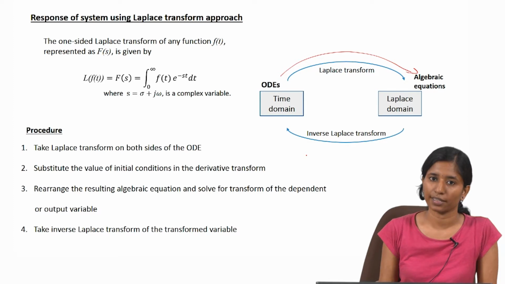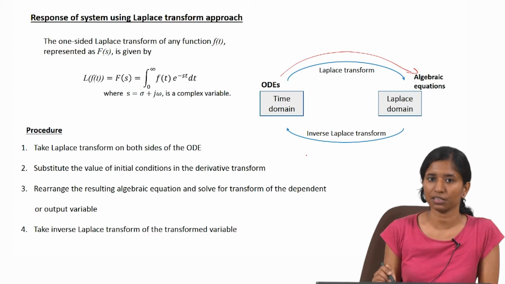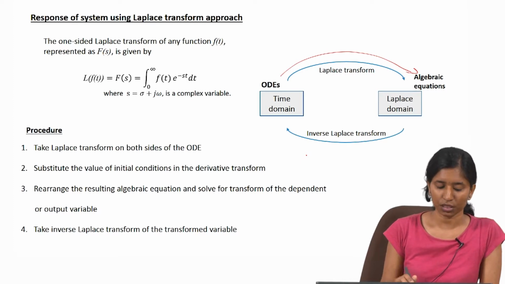Even if we cannot find a direct Laplace transform of the particular time domain function, that function can be written as a combination of various other functions whose Laplace transforms have been already derived. So, in one way or the other we will be able to find the Laplace transform of a time domain function from the lookup table itself, and that is how we can quickly find the Laplace transform.